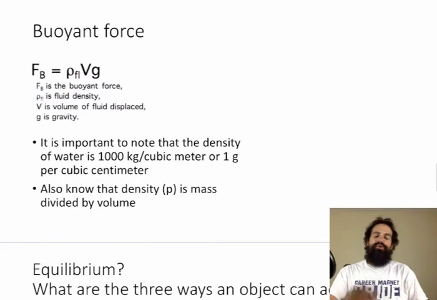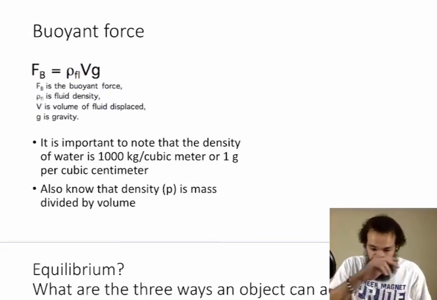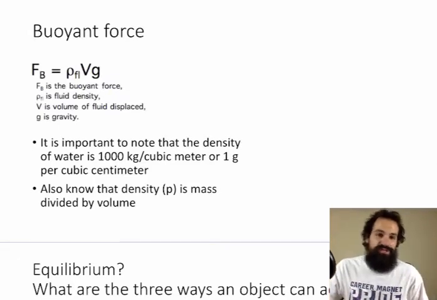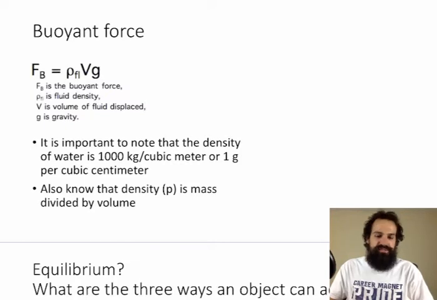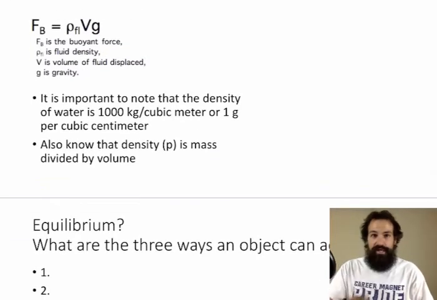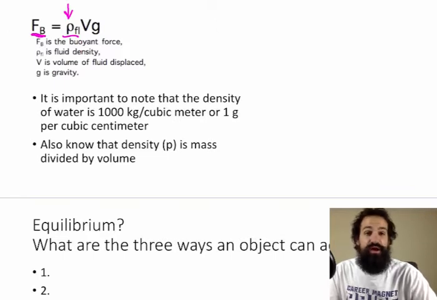All right, moving on to buoyant force. I'm going to go ahead and jump right into the equation and walk you through this. Again, we discussed the buoyant force is the supporting force a fluid provides. Anytime an object is in a fluid, there is a buoyant force acting on it. And it's 3 variables multiplied by each other. The more dense the fluid is, the more buoyant force you have.